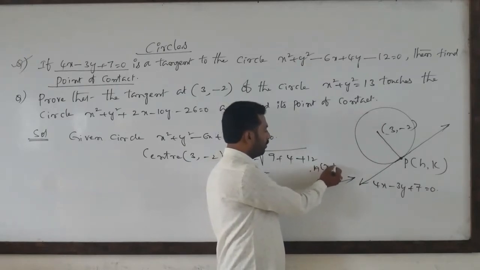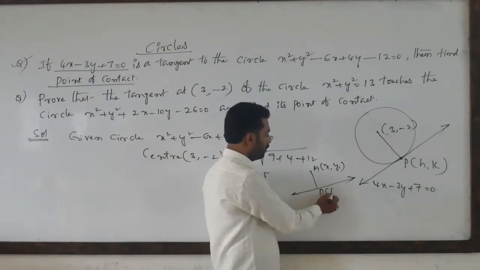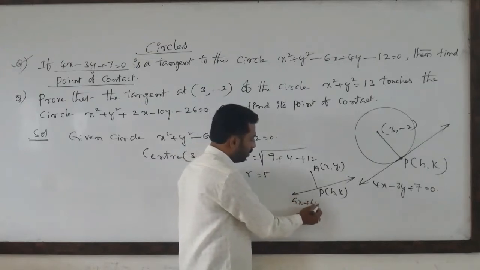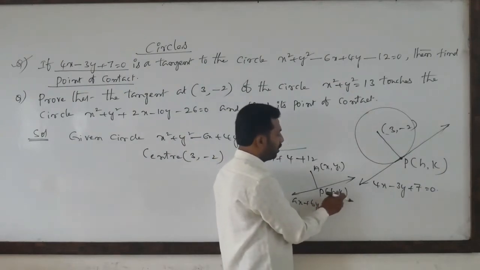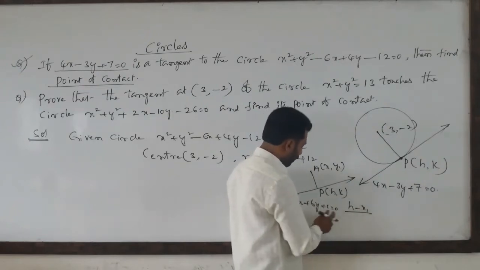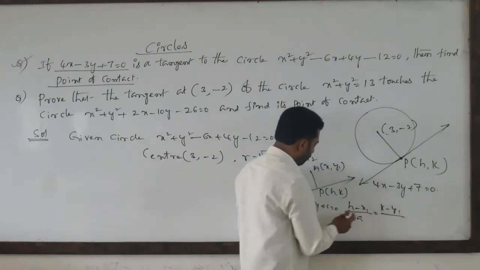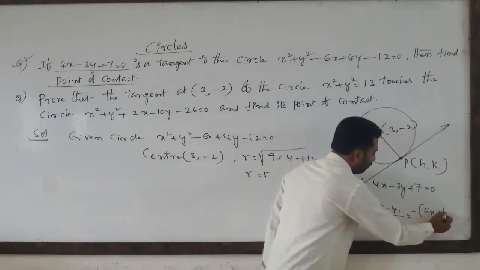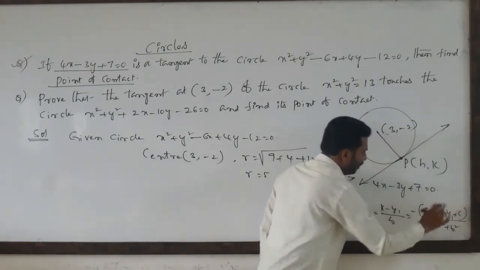Suppose there is a point x1 comma y1 and you draw the foot of the perpendicular, suppose this is h comma k we are assuming, onto the line ax plus by plus c equal to 0. The foot of the perpendicular h comma k is given by (h minus x1) divided by a equals (k minus y1) divided by b equals minus of (ax1 plus by1 plus c) divided by (a square plus b square).